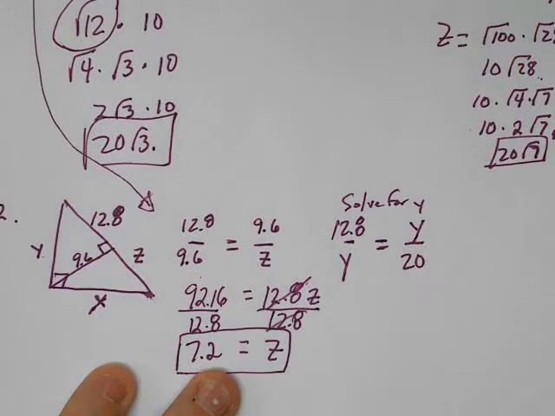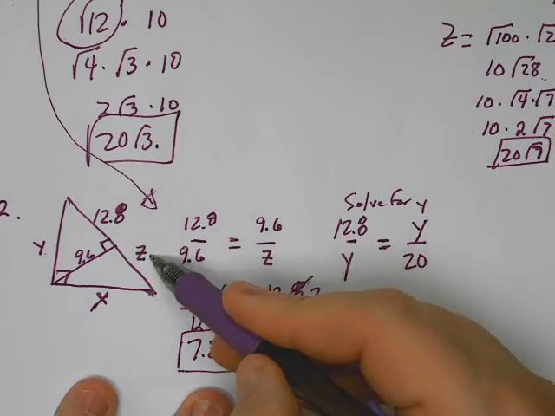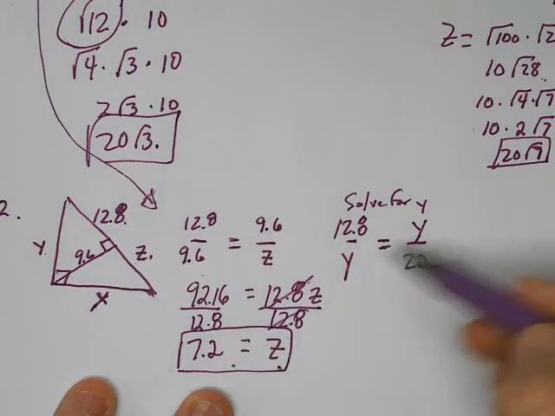Outstanding, Micah. Very good. He just used what we saw for z and put it there. And so 12.8 plus 7.2 is 20.